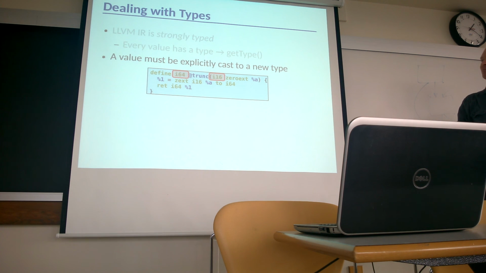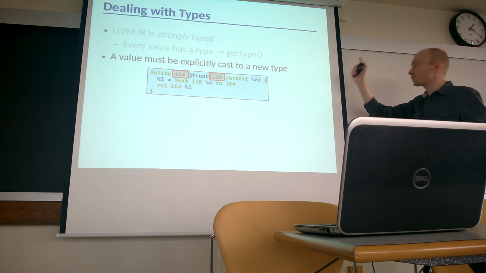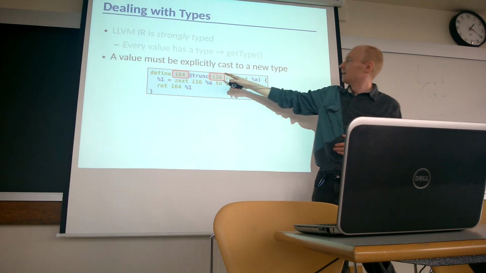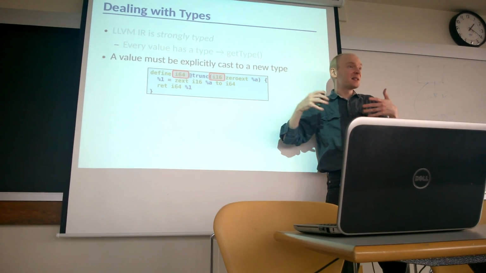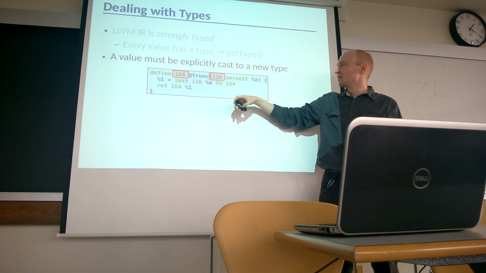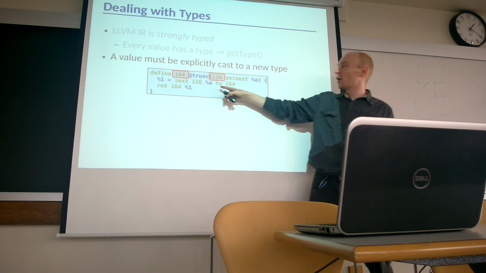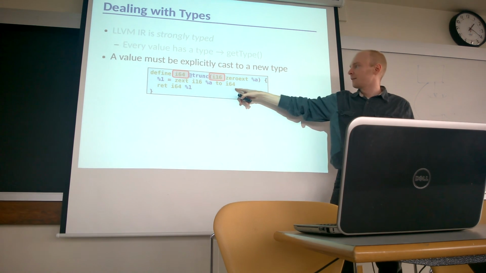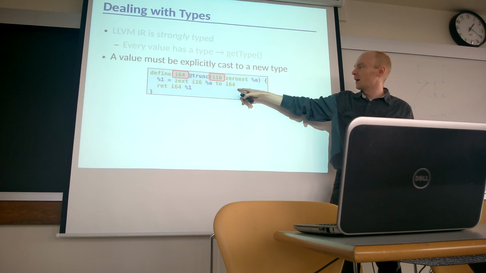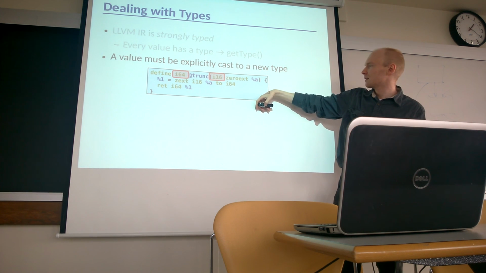Okay. We also have an issue since it's explicitly typed. Every type, if you want to use it as a different type, it has to be explicitly cast. So if you have some truncation operation, then you can actually see that truncating, oh, that's not a truncation.